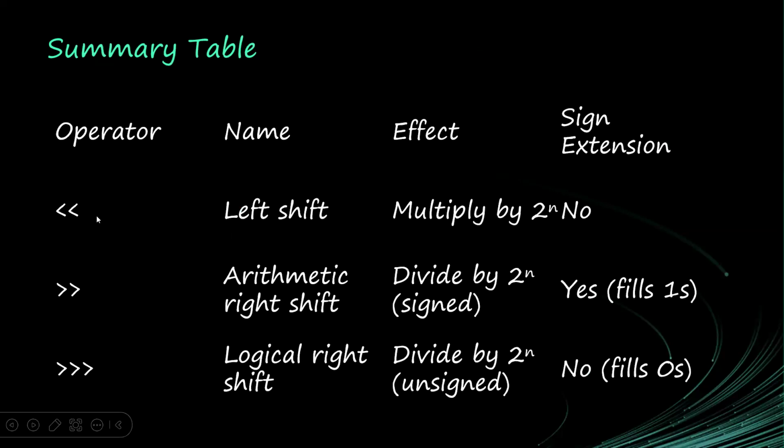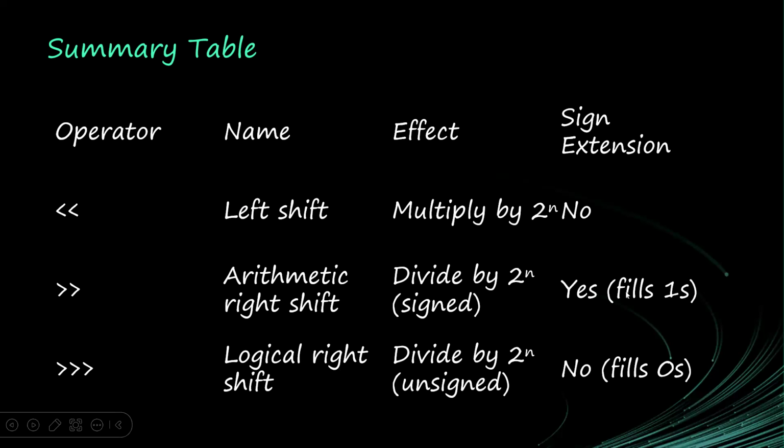The left shift operator multiplies by 2 raised to power n, and it doesn't care about sign extension. Left shift does not care about sign extension, and the effect is that it multiplies by 2 raised to power n. But the arithmetic right shift that has only 2 arrows divides by 2 raised to power n, and it is concerned about the sign.